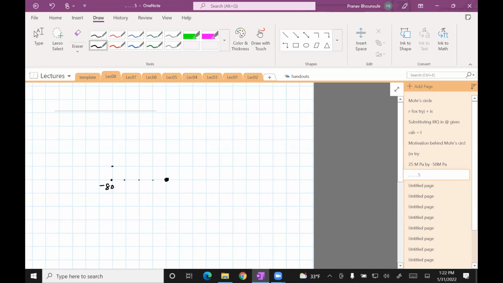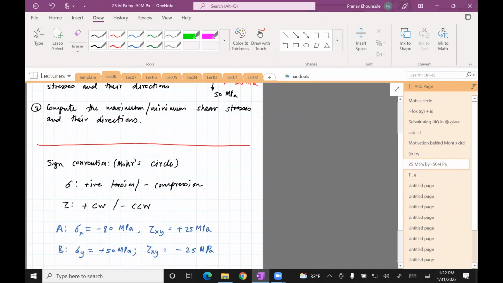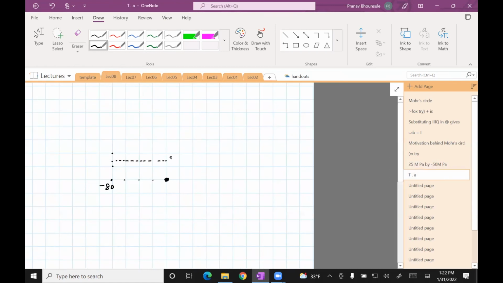And then since this point is 20, this is 40, 25 would be somewhere here. So A is minus 80, plus 25. So this is 25.